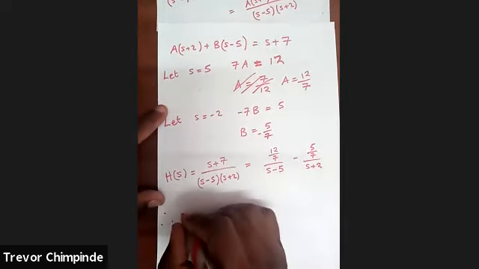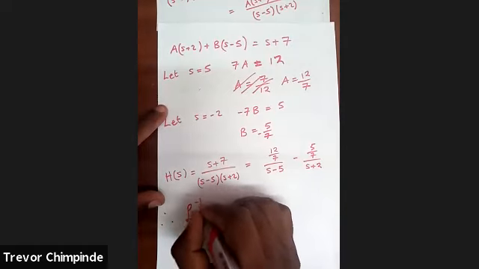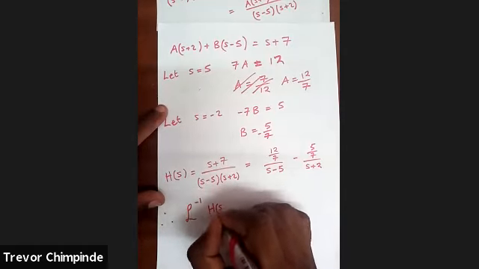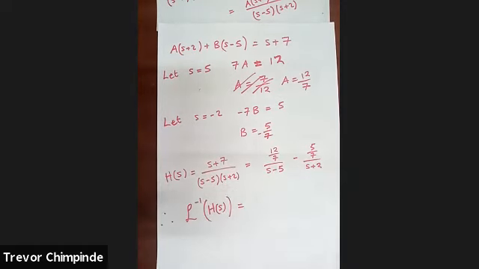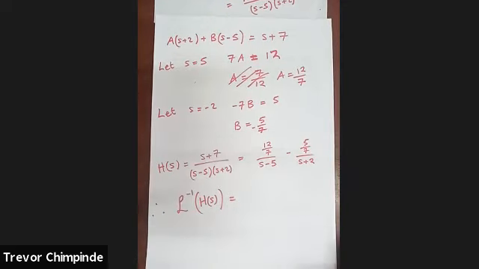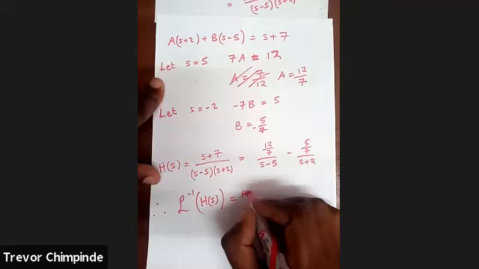Therefore, the inverse Laplace transform of H of S will be, so what's the inverse Laplace transform of the first term? Anyone to tell us? (12/7) e to the power 5t.